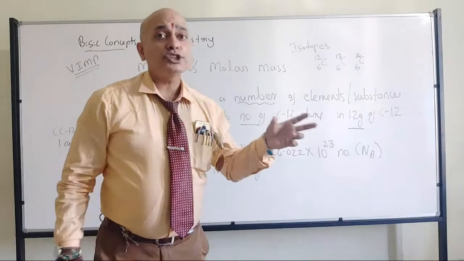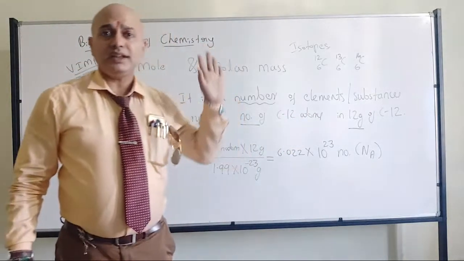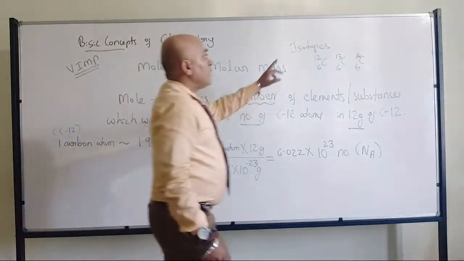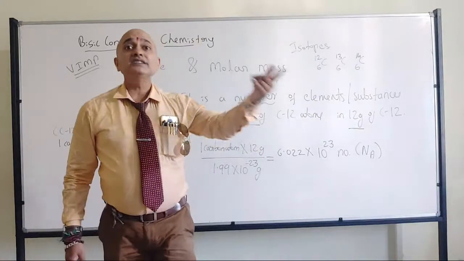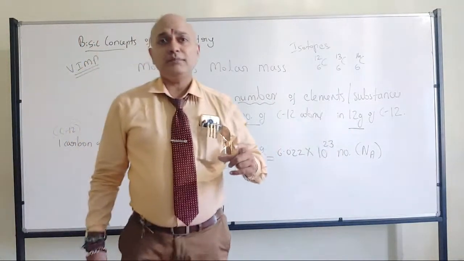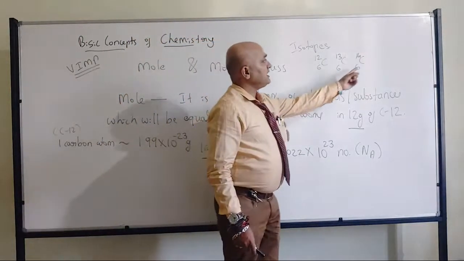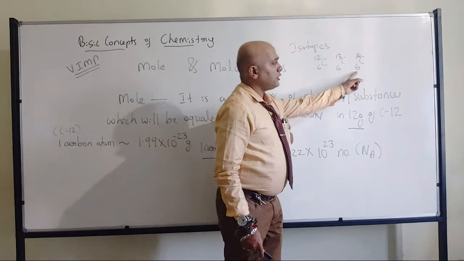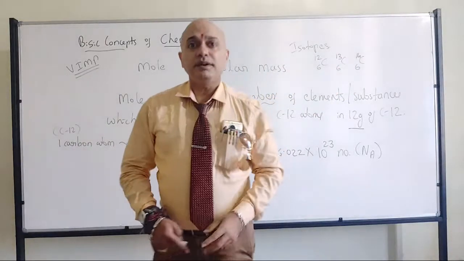So that is the position of carbon, and there is only one position for carbon in the periodic table, which includes all 3 types of carbon. That's why they are called isotopes, same position in the periodic table. Or we can define them as elements having the same atomic number but differing in their mass number.